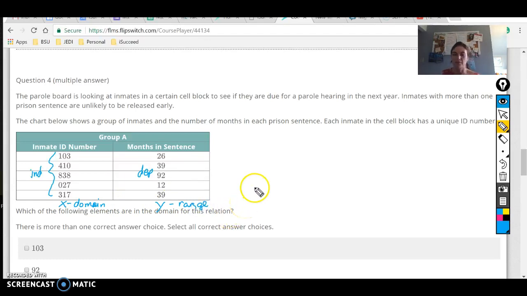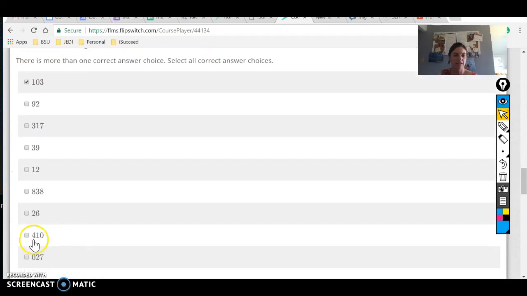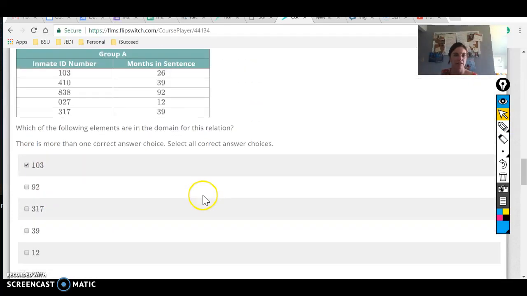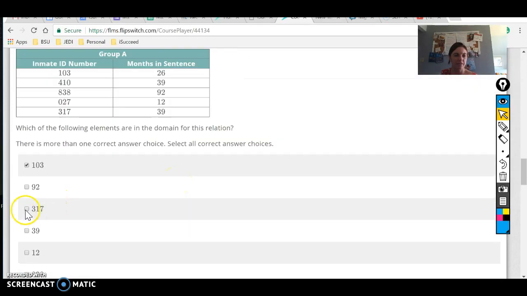So our domain values are going to be 103, 410, 838, 027, and 317. They're just the values that are listed right here. That's our domain.